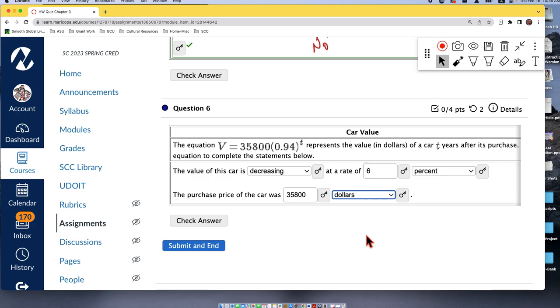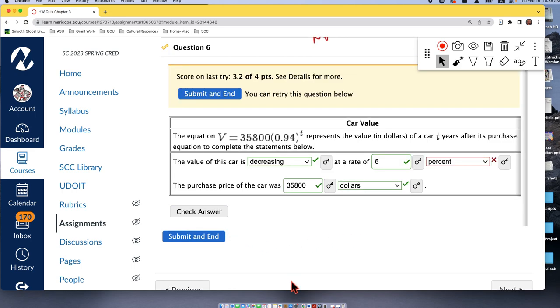Okay, so you can kind of see the kinds of questions that you'll be getting in the homework. Oh, I didn't like something I did. Oh, percent per year. Okay, good thing I get another try. Sometimes I see an answer, I take it, but it's 6% per year.